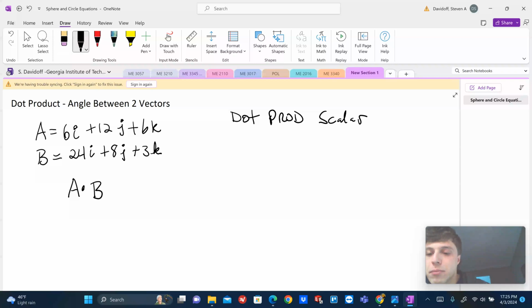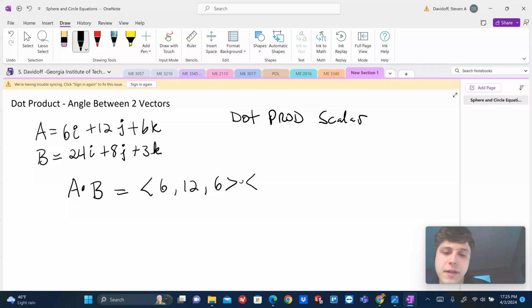For the dot product of A dotted with B, I'm going to take 6 in the i position, 12 in the j, and 6 in the k. Essentially, I'm going to multiply these vectors and then add them. So I'm going to multiply the quantities.